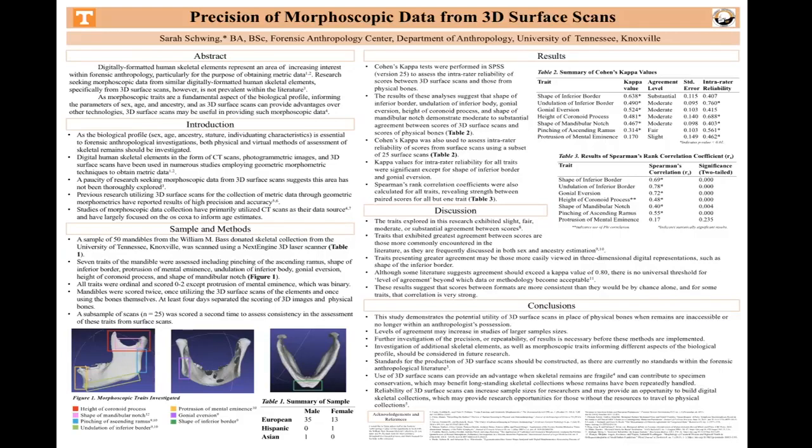So next I will also be looking at the cranium, and I'll be looking at Walker's traits for sex estimation and OSA traits for ancestry estimation. And as a part of that second half of my thesis, I will include inter-agreement scores, and I'll also be looking at the impact of experience level on how people score these morphoscopic traits.